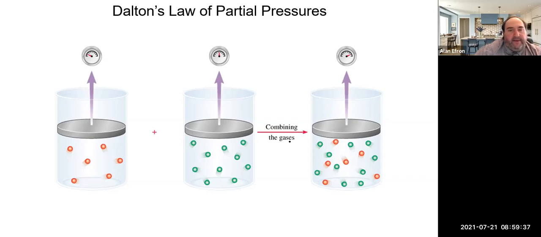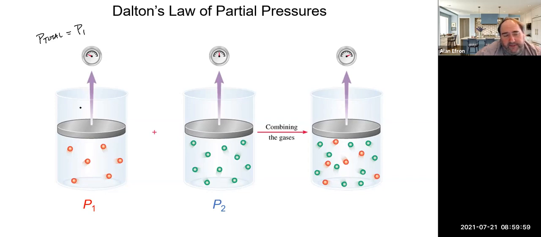When we think about the pressure associated here, the total pressure that we see in this particular container is really all from the red gas molecules, or P1 we'll call it.